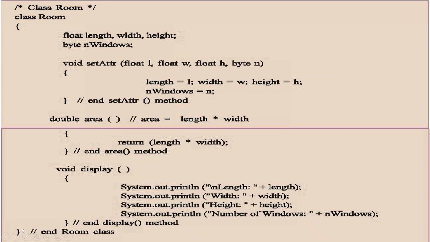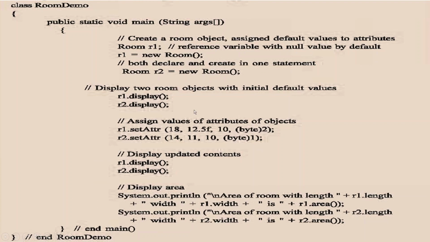As you can see here, first we created the room class, and then we created two variables r1 and r2 of type room. But here they are called objects because they are created from a class. So r1 and r2 are called objects, whereas length, width, height are called variables. Otherwise they are the same.